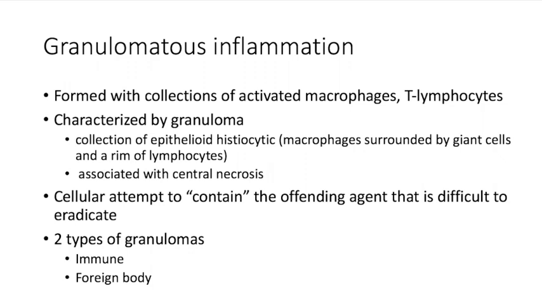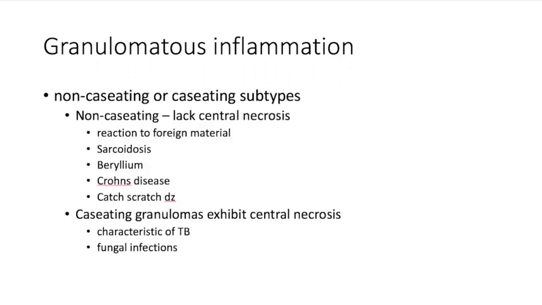They are associated with central necrosis. It is basically our body's attempt to contain the offending agent, which is really problematic to eradicate. We have two types of granulomas. We have an immune-mediated one, and we have a foreign body granuloma. Two types, non-caseating and caseating subtypes.